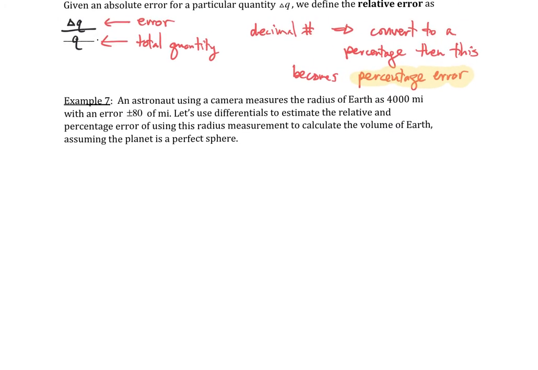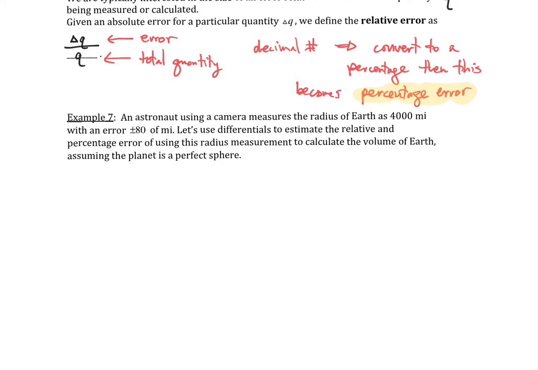Let's break this down here. An astronaut using a camera measures the radius of the Earth as 4,000 miles with an error of plus or minus 80 miles. So the measurement that we have is 4,000, and this number right here is what we call the measurement error.